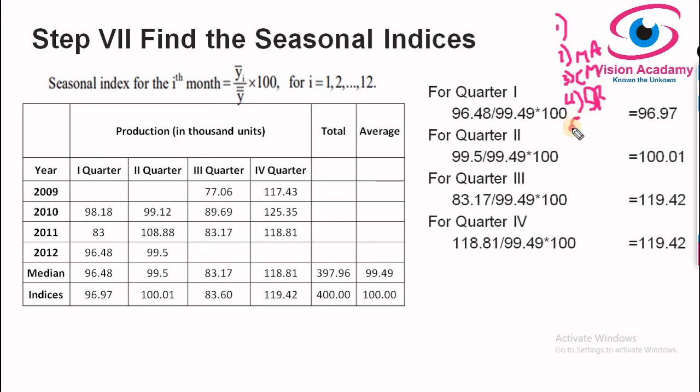And fifth step, we need to enter all the seasonal relatives with their observations in the respective quarter. Sixth step, we need to find the median of the seasonal relatives. And seventh step, we need to find the grand mean. And eighth step, sorry, here I have mentioned 7, which is the eighth step, finding seasonal indices.